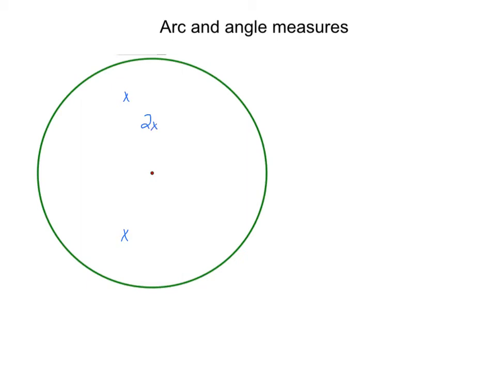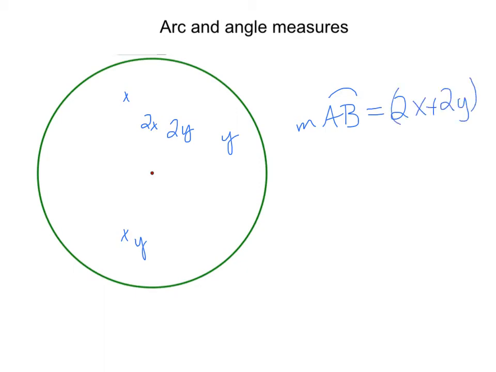Similarly, in the other triangle, I'm going to make this Y and this Y, so this is 2Y. So the measure of arc AB is equal to 2X plus 2Y degrees. We know now that the measure of angle ACB is equal to X plus Y degrees.